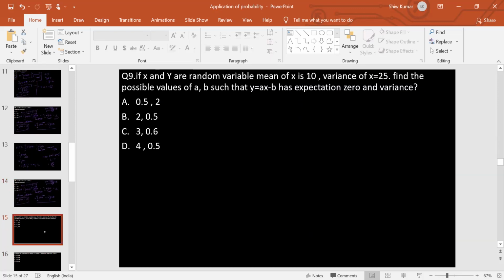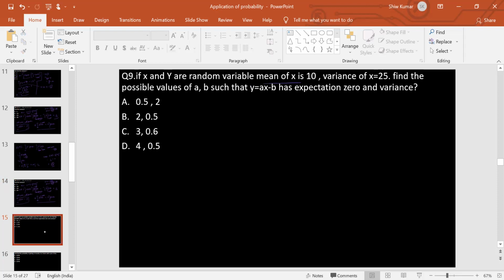See, we have to find the expectation and variance. If x and y are random variables, the mean of x is 10 and the variance of x is 25.